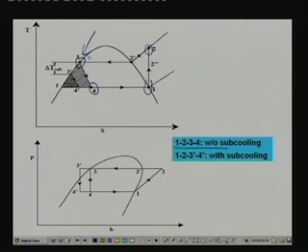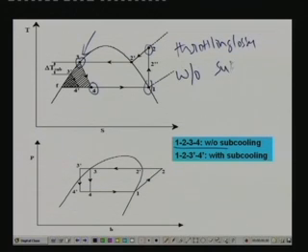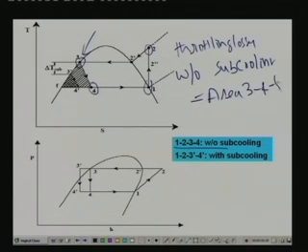In this cycle, as we have seen in the last class, there are some throttling losses, and those throttling losses are given by the area 3, 4, F. That means the throttling losses without subcooling are equal to area 3, 4, F. And the same thing is shown on the pH diagram also.